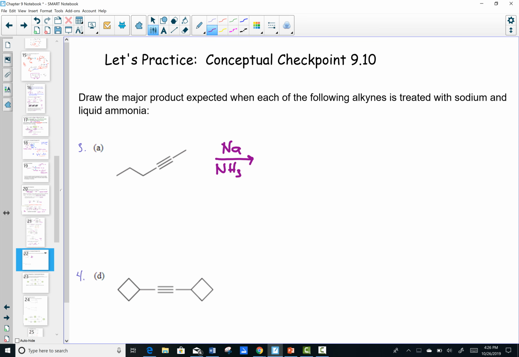And I just want us to emphasize, when you see sodium and you see the liquid ammonia, you just say in your head, that goes to a trans configuration of the double bond, ene. 1, 2, 3, 4, 5, 6. This is called 2-hexyne. We need to convert that into trans 2-hexene. So helping with the nomenclature, we can kind of figure out what our product needs to be drawn as.